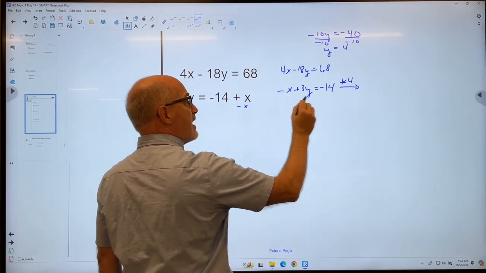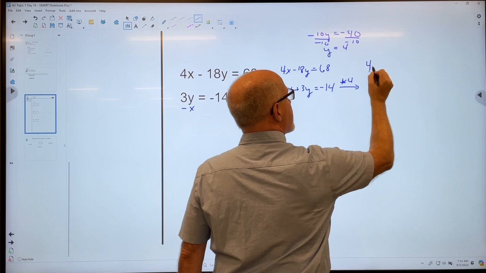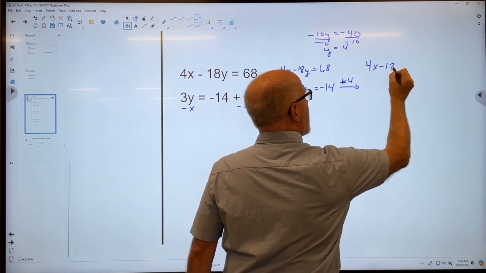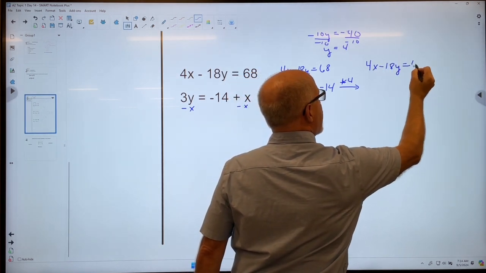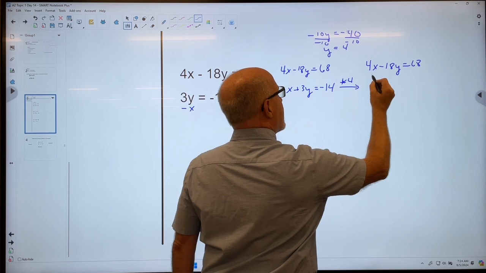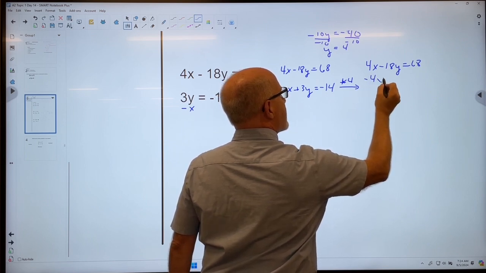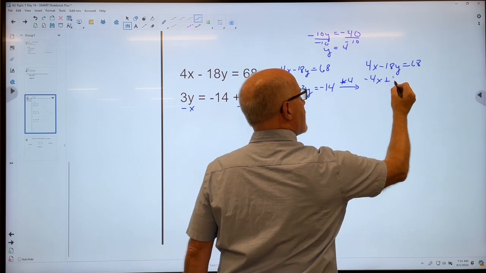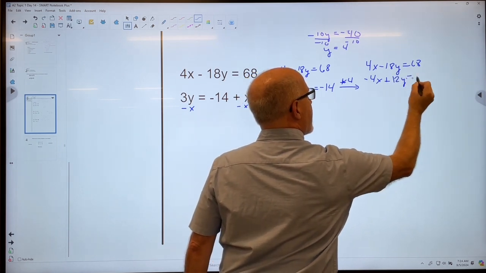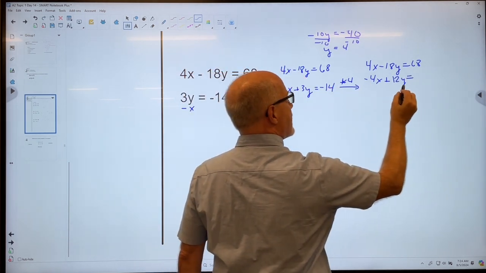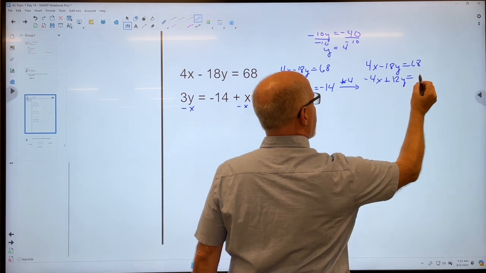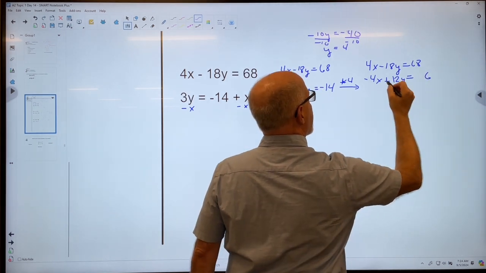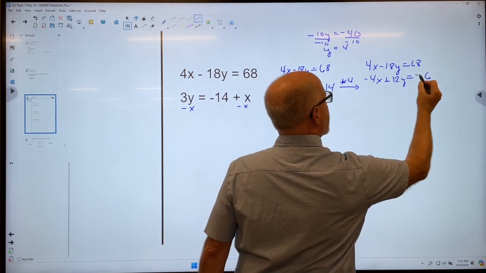So this one will get the x's to be opposite. So 4x minus 18y equals 68. Here I'll have negative 4x plus, got to multiply the 4 times the 3y, 12y equals 4 times negative 14, that would be negative 56.